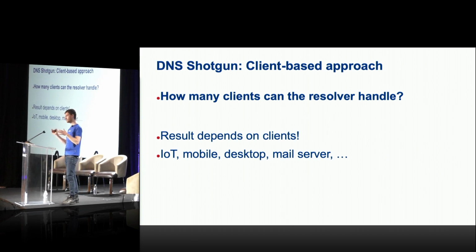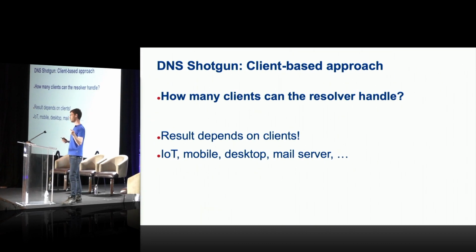Obviously, this conversion is not a general equation, because every client behaves a little bit differently. A little IoT device will have completely different DNS characteristics than a mail server. So the answer to how many clients the resolver can handle is not going to generalize for all populations of clients and all networks. Keep that in mind.